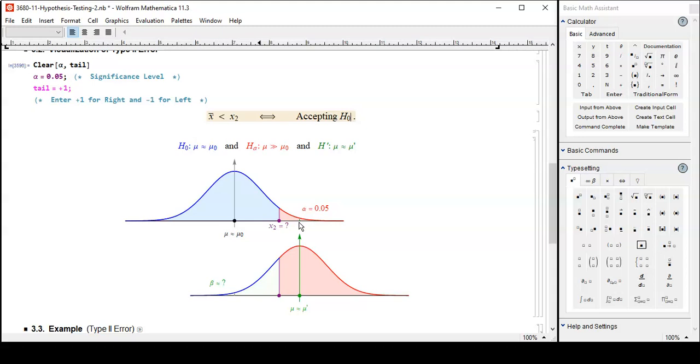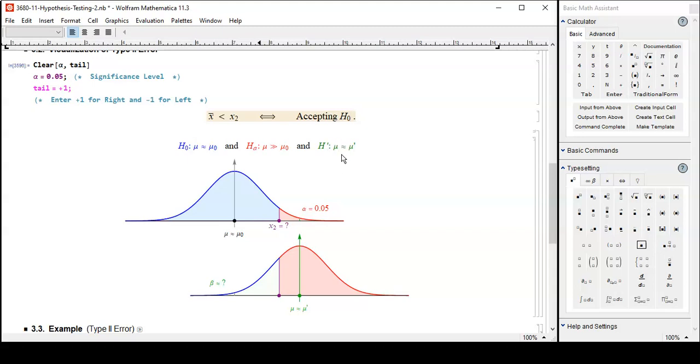All right. And then, of course, theoretically speaking, you can get x bar here all the way over here as well. So it's this entire blue thing. That was the previous case under the null hypothesis. Mu is about the same as mu 0. Now, what if we consider mu is about the same as mu prime?